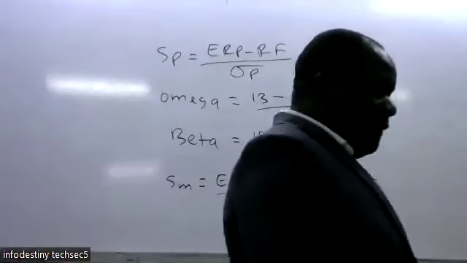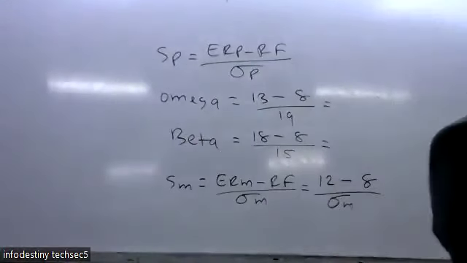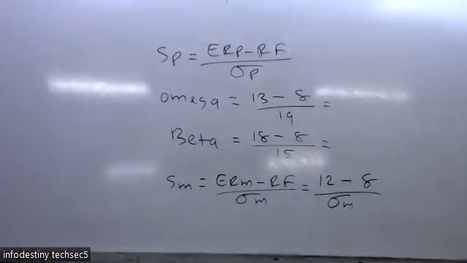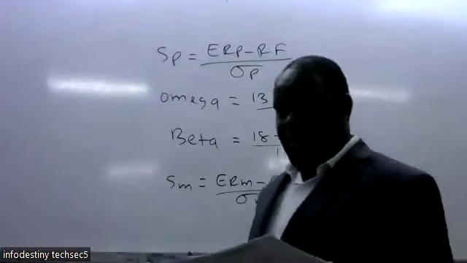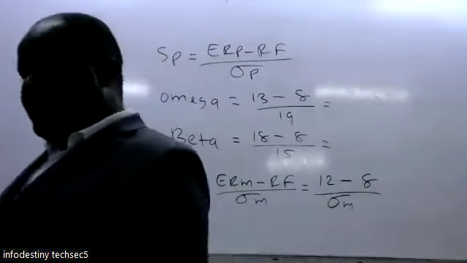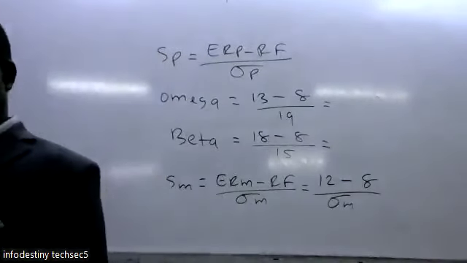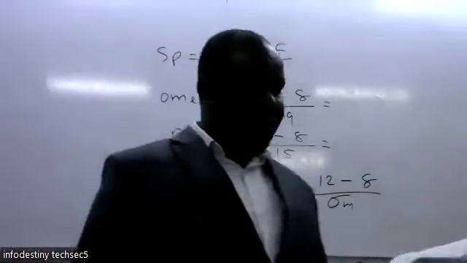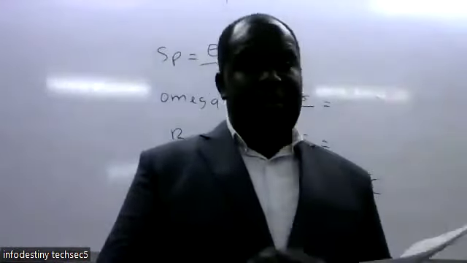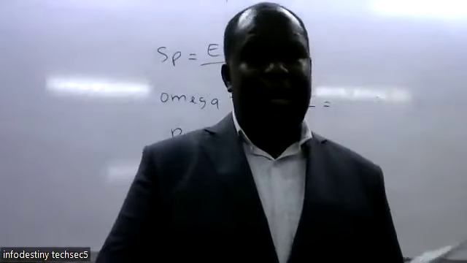The following information relates to the performance of the 6 portfolios over the 7-year period. There are portfolios P, Q, R, S, T, U, market return, and risk-free rate. Average annual return is your expected return.